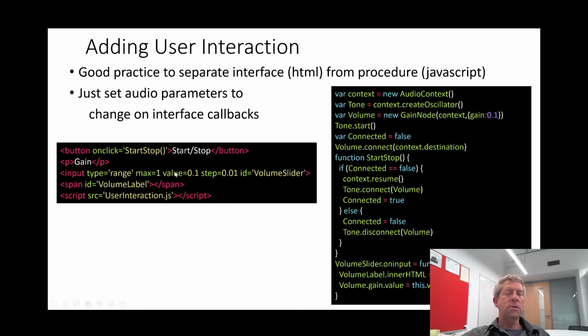So it only extends from 0 to 1. We can only reduce the volume below its maximum value of 1, which is unchanged. And we kept an area to put a label for that number, and we're calling the source code user interaction. Why don't I go ahead and give you the example first, and then we can go back to it with more explanation.